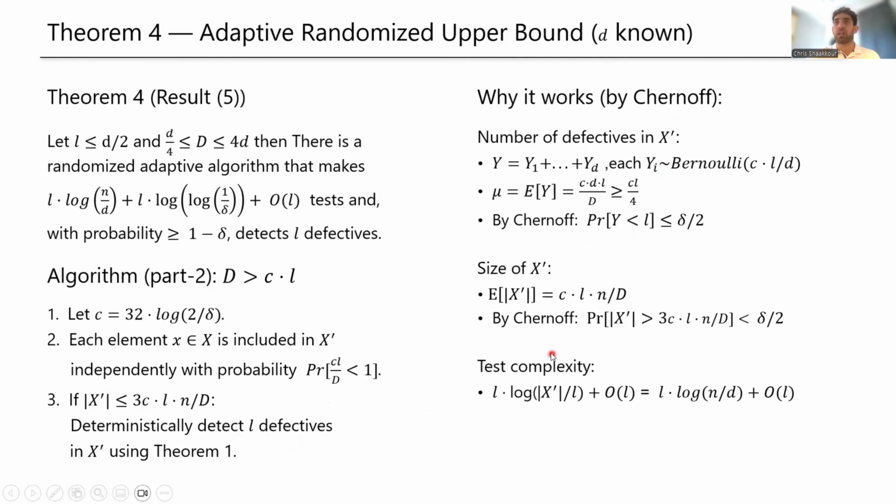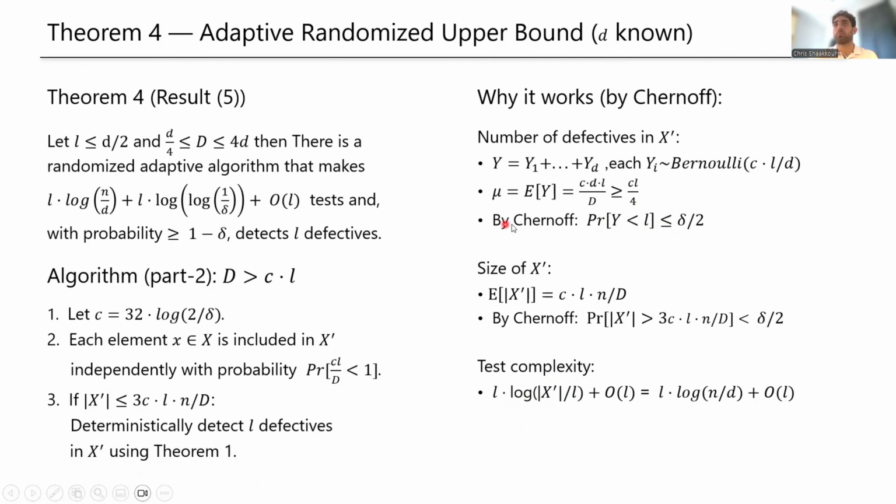So if we plug that in, the test complexity of theorem number 1, given that we have a new group X prime and we have the same L defective items. So without this proof, we can't use this equation from theorem number 1. Okay, so the test complexity is L times log the size of the group X prime divided by L, the number of defective items. And this is inferred from theorem number 1, where we proved the upper bound of an adaptive deterministic algorithm.